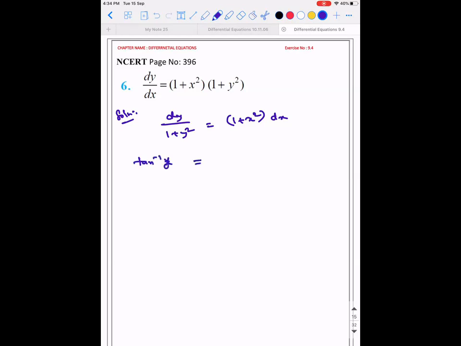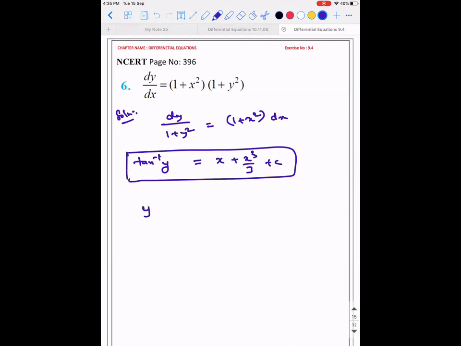Tan inverse y is equal to x plus x cube by 3. You can either leave it like this or you can write it as y is equal to tan of that thing. It's better to leave it in the form of inverse trigonometry. This will be the equation.